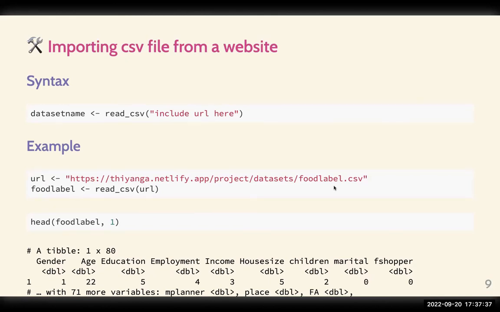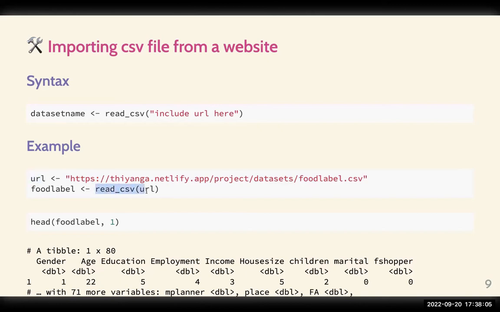Actually, this is the dataset that I used for my undergraduate thesis. So here, what you need to do is you have to give the URL of the CSV file. So this is the URL. Now this becomes the input for your read_csv function. So you have to enclose this within double quotations, and the name that I assigned for this one is URL.